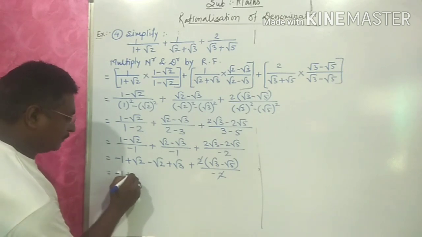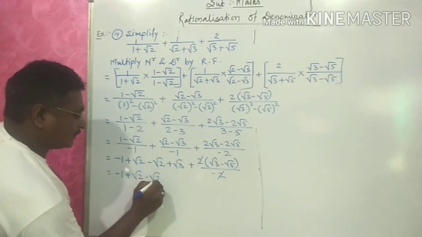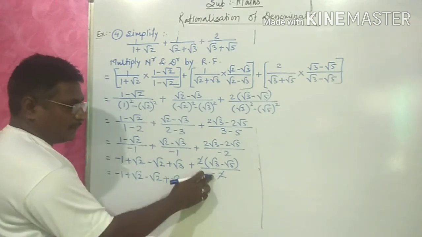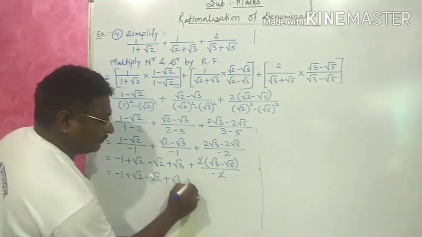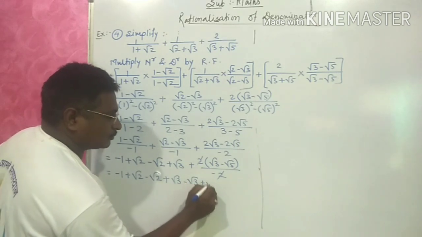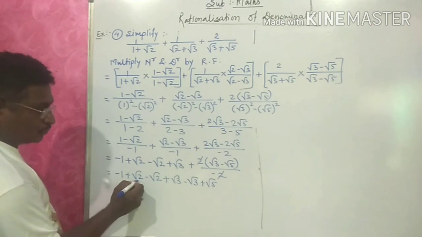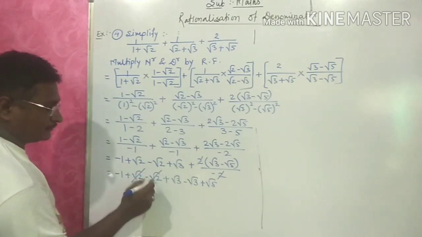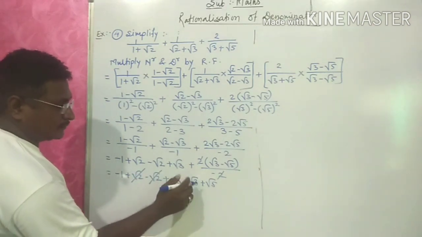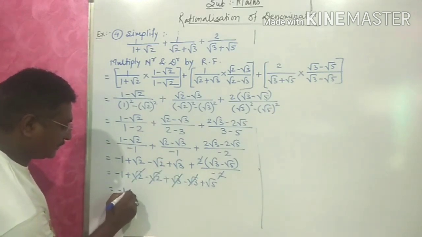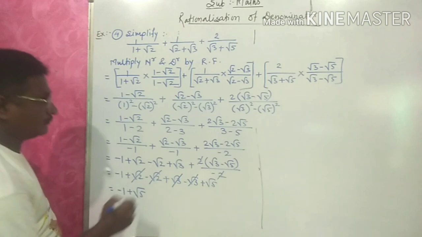Minus 1 plus root 2 minus root 2 plus root 3, and this minus sign multiplies each term: minus root 3 plus root 5. Plus root 2 minus root 2 cancel, plus root 3 minus root 3 cancel. So what is left? Minus 1 plus root 5.